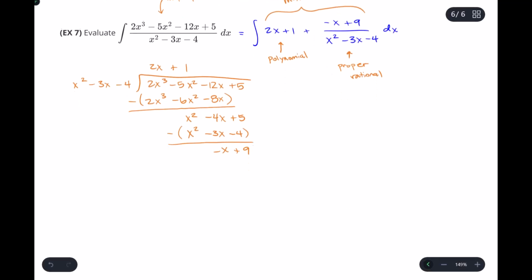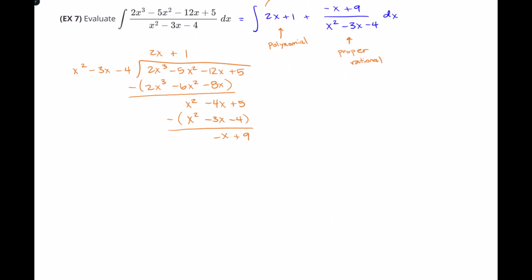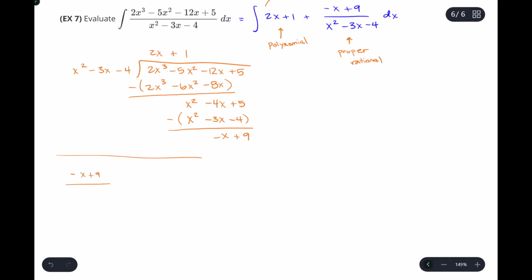So we would start with the decomposition of that. So I have negative x plus 9 over, let's see, that denominator would factor x and x, 4 and 1. If the 4 is negative, that would be great. So this would be A over x minus 4 plus B over x plus 1.